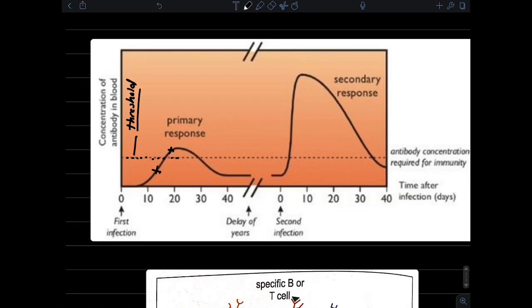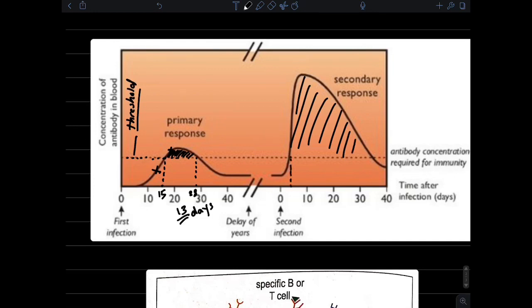Here we have in the primary immune response from 15 to 28, we have 13 days. So the antibody remains 13 days protecting our body. Whereas in the secondary immune response, here 5, here 35.